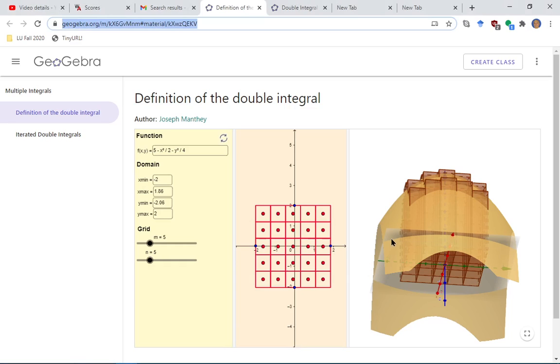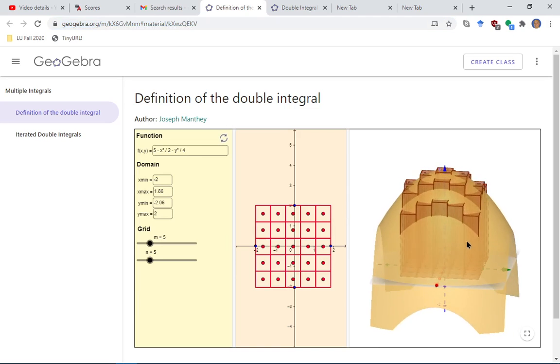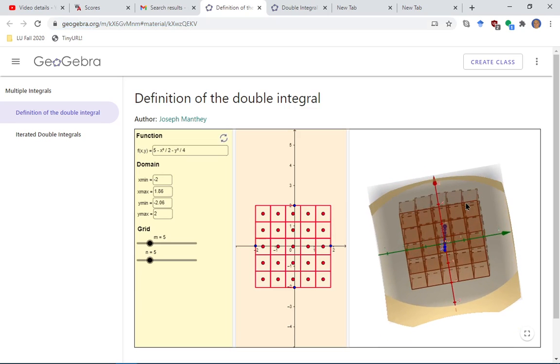So this is meant to convey that concept we were talking about. We have some function here, and you can have any function f of x and y. Then we have some region on the xy plane, which is this rectangle here.